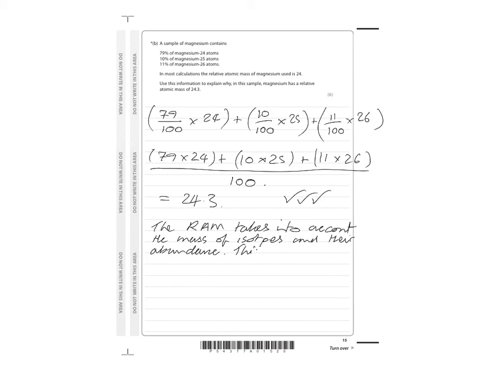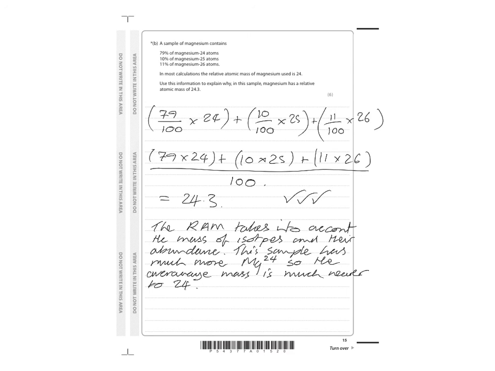This sample has much more magnesium that weighs 24, so the average mass is much nearer to 24.